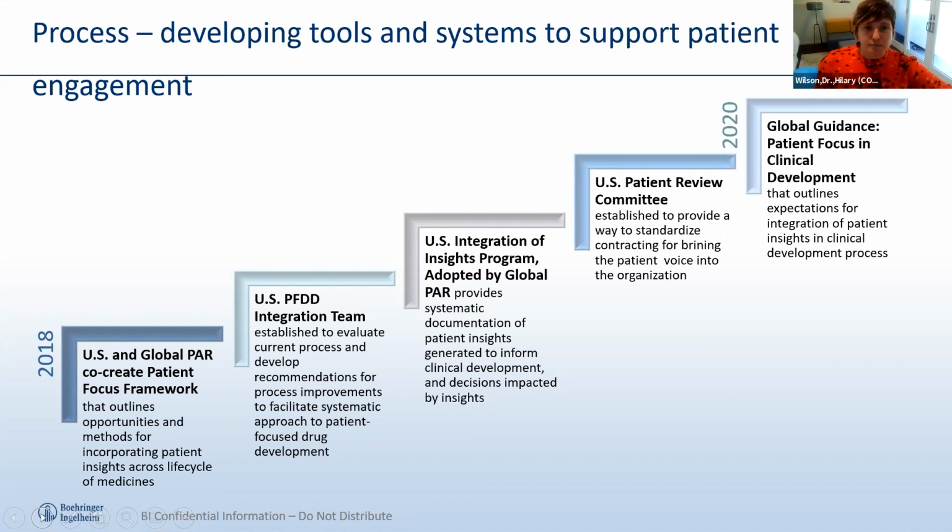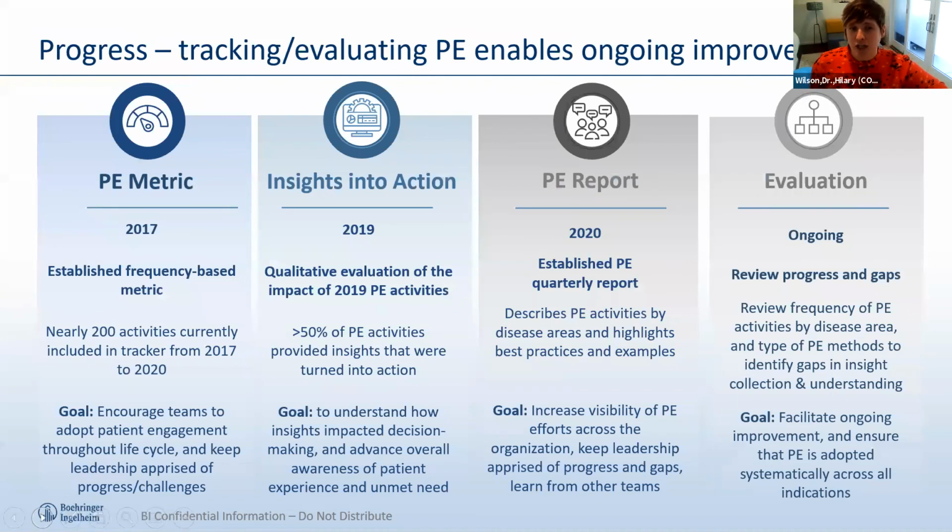On the next slide, tracking patient engagement has been really key to advancing our approach, but our approach to tracking has also evolved over time. In 2017, the team established a frequency-based patient engagement metric, and so this actually reported on a quarterly basis the percentage of planned patient engagement activities that were completed.